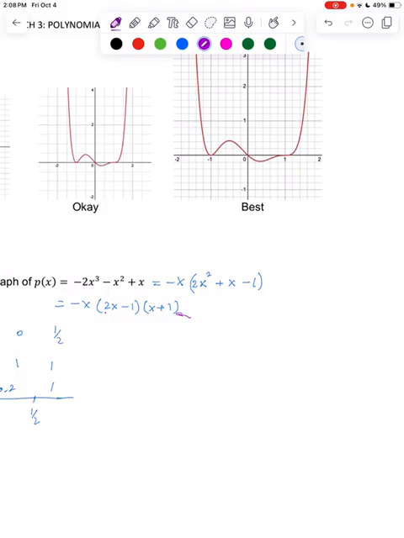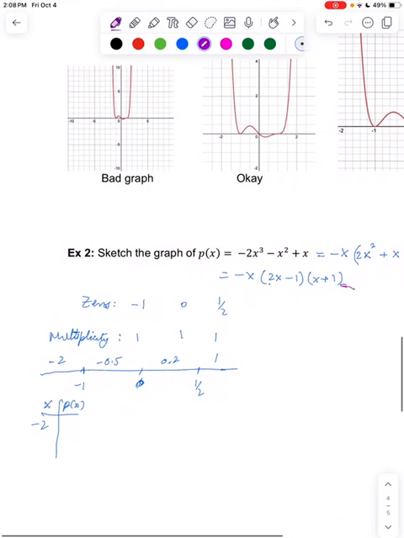So the sign chart says that the function will be positive here, between 0 and -0.5.